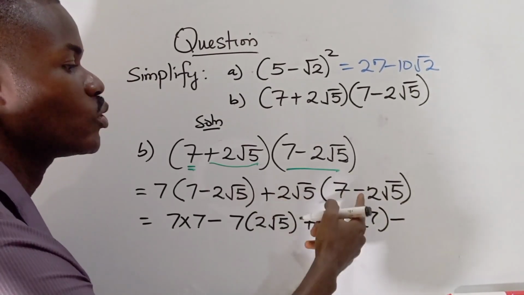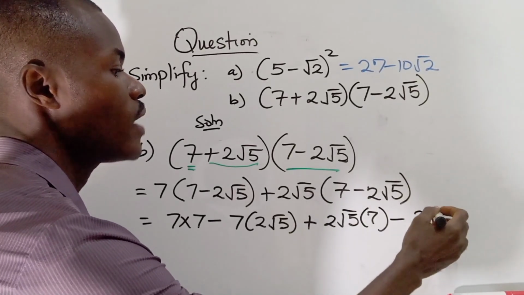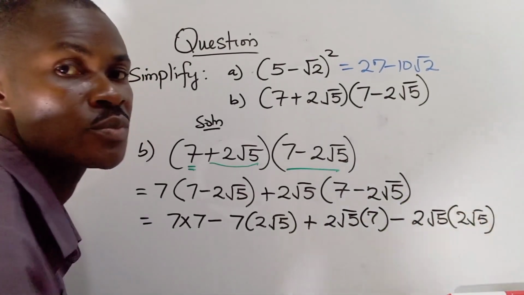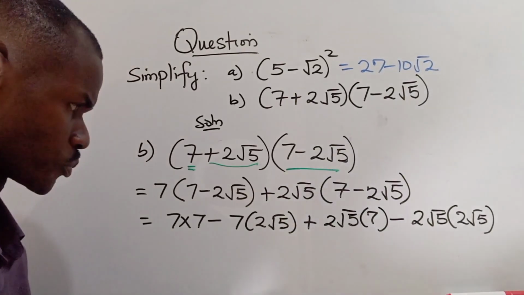Now 2 root 5 is going to multiply 2 root 5. So now let's expand and see.